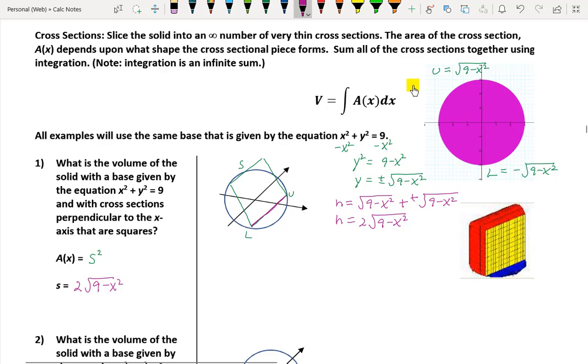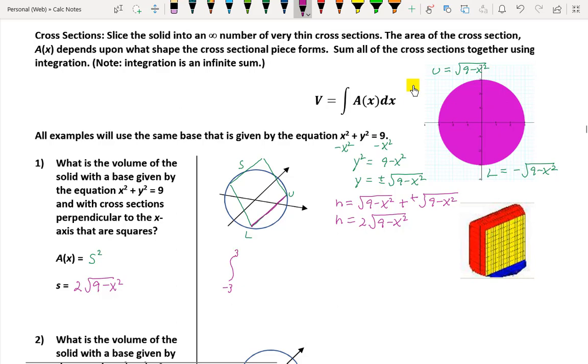So we're going to take the integral, and we need to go from -3 to 3, and the reason I know that is because my picture up here shows the circle going from -3 to 3. That's the radius of our circle, 3.